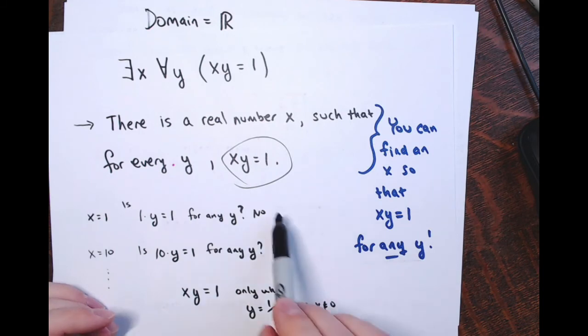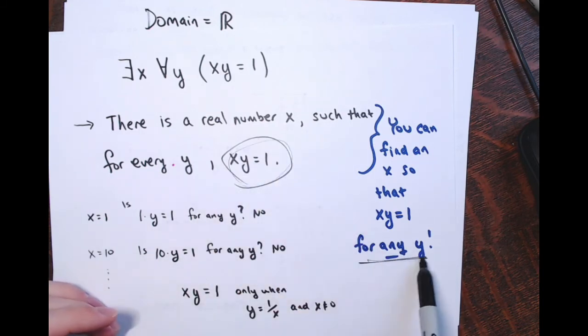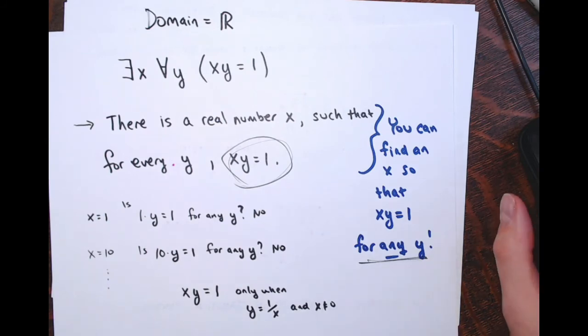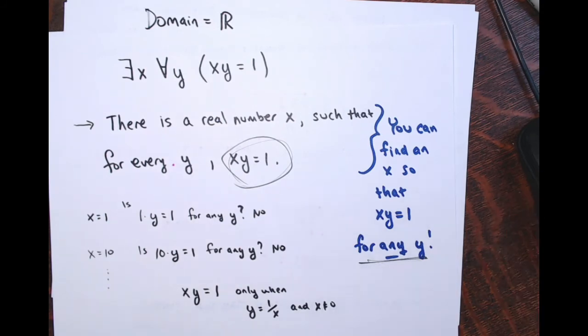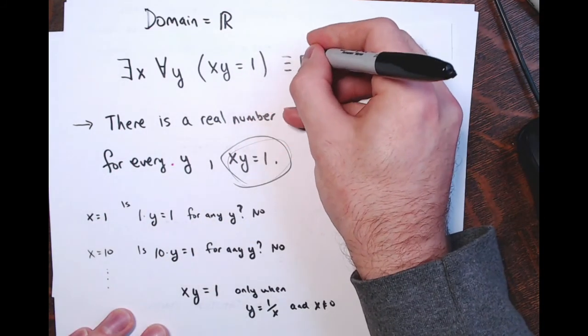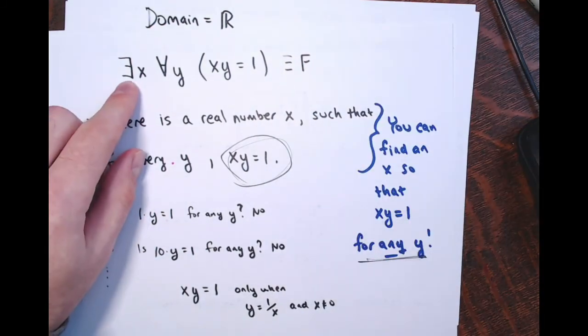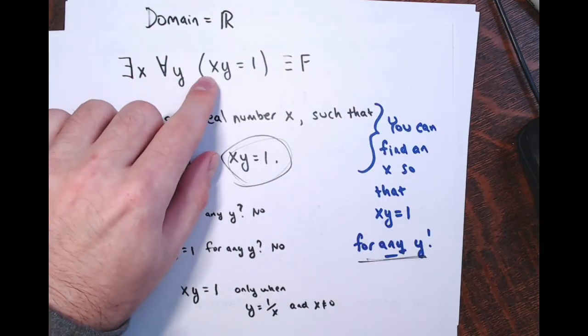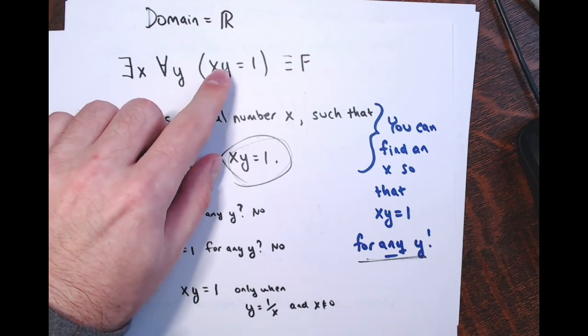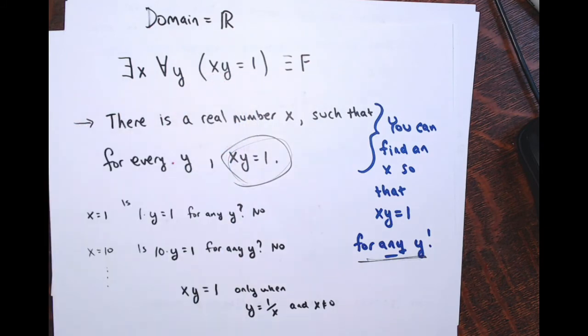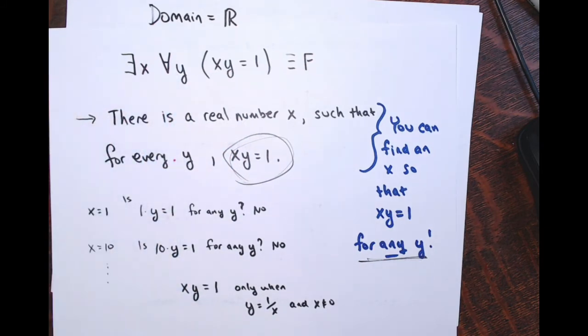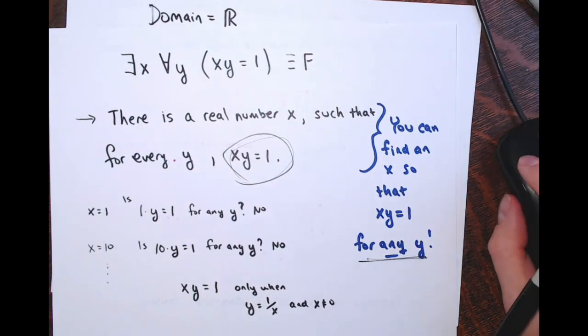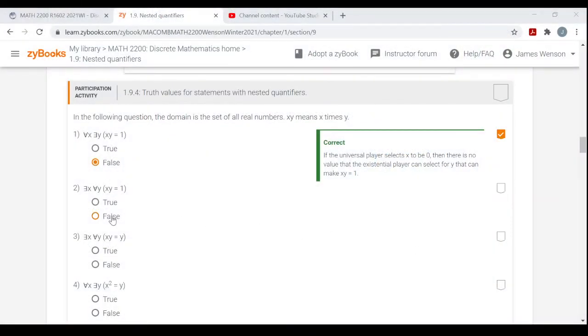This statement wouldn't be true for any y, just one particular y. So this is also false. I cannot find a real number to plug in for x such that that number times y will be equal to 1 for all values of y. This is also false.